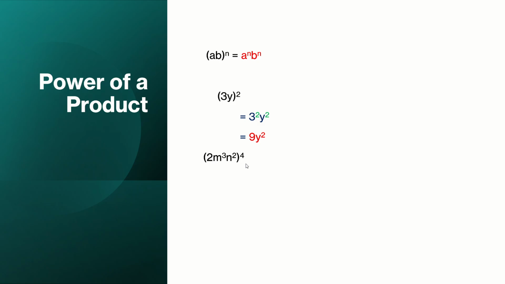Since there are exponents in the base, what you're going to do is what we did in power of a power, which is multiplying the exponents. Therefore, 2^4, m^(3 times 4), and n^(2 times 4) is equal to 16m^12 n^8.